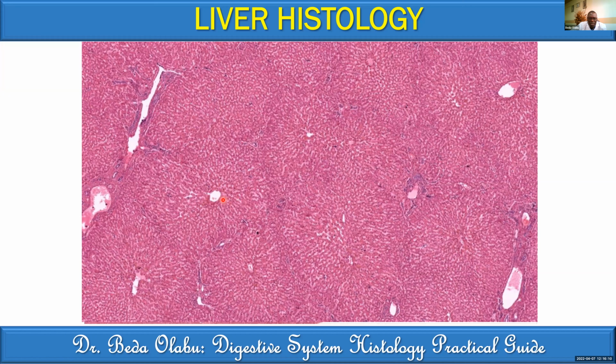The corners of the hexagon may contain something else, like that one. The structures contained at the corners of the hexagon are known as the portal triad.